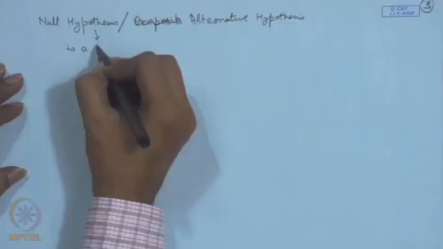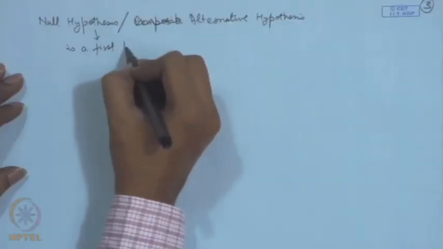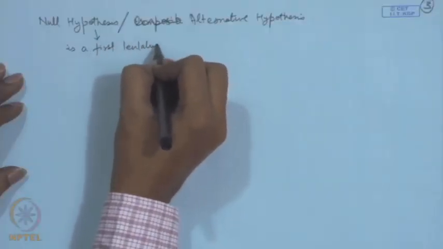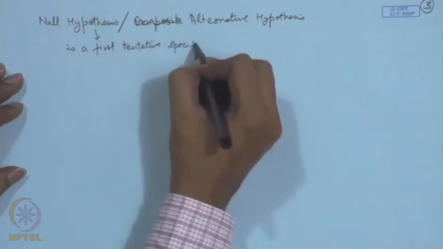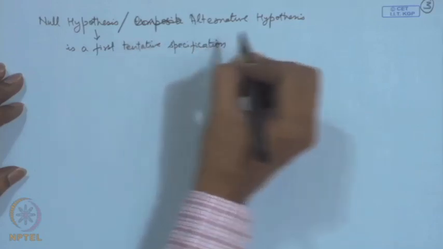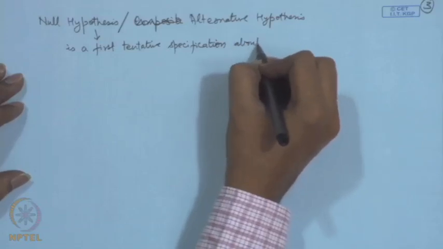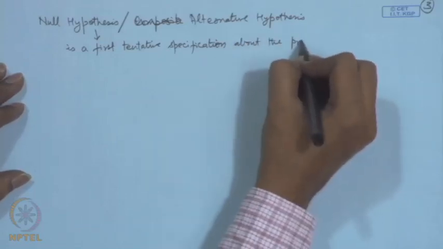So, a null hypothesis is, you can say, the first or tentative specification about the probability model.